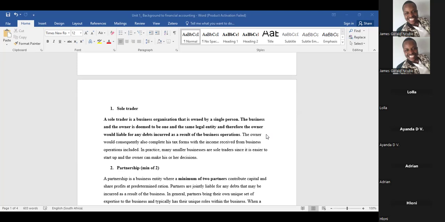The owner of this business is deemed to be one and the same legal entity, and therefore the owner would be liable for any debts which are incurred as the result of the business operations. So the owner is liable for any debts which are incurred by the business, right? That's basically a sole trader right there. So a person that borrows money to open a business can be regarded as a sole trader.